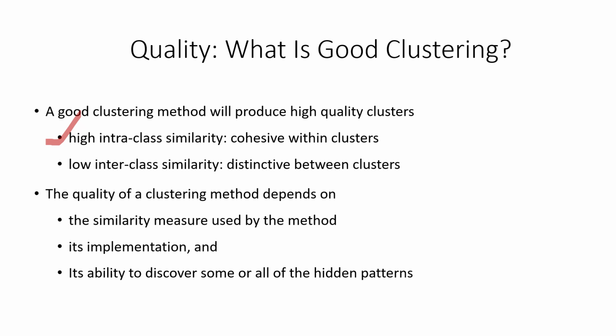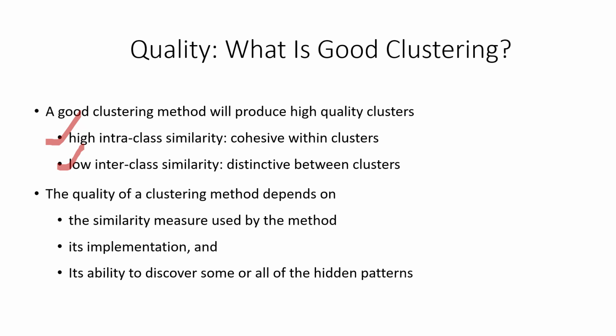This is called cohesive within clusters. The next one is low inter-class similarity. That means after clustering the data into multiple clusters, objects from one cluster to another cluster must have high dissimilarity. This is called distinctive between clusters.